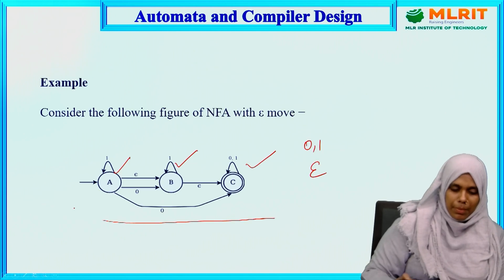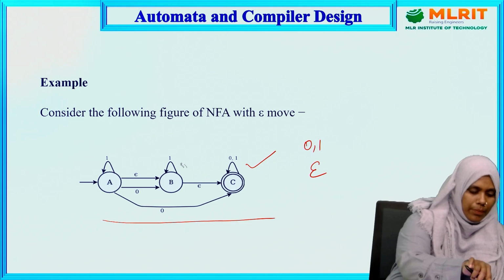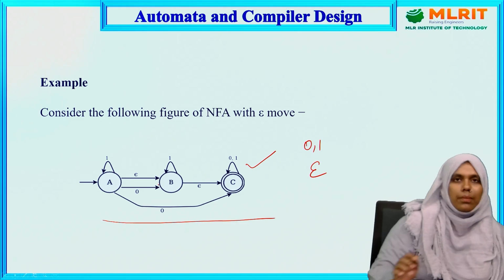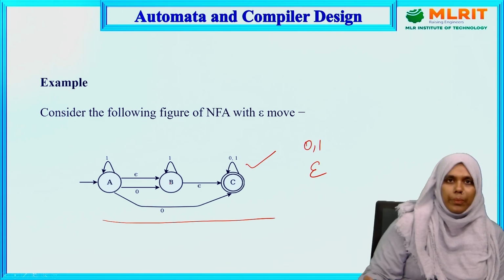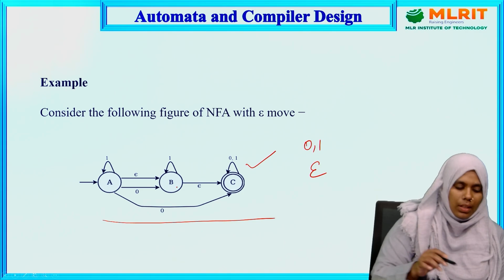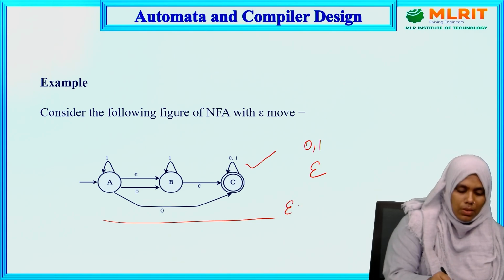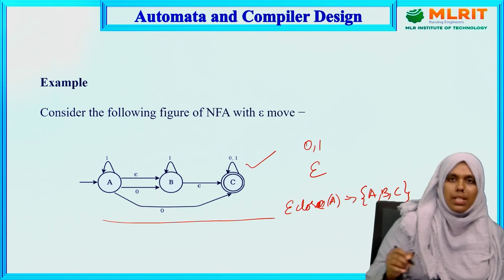From A it goes with epsilon to B, and from B it goes to C. So the epsilon closure of A will be A, B, C.